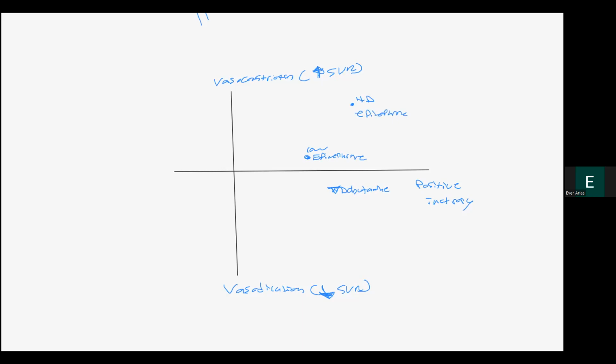But really the more common vasopressor that we use in the ICU is Levophed, or norepinephrine, norepi. Norepi gives you a little bit of both. It gives you really good vasoconstriction and doesn't give you too much inotropy. It gives you a little bit of inotropy, but the most important thing is vasoconstriction.